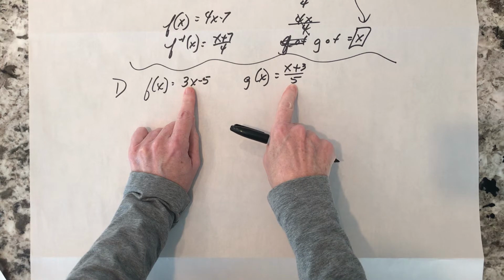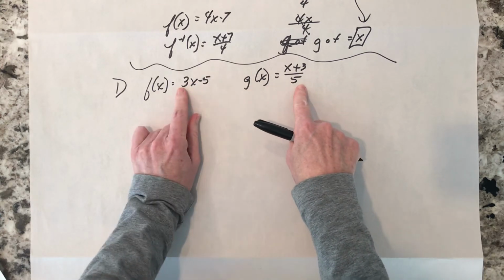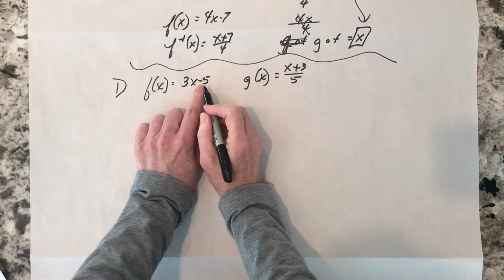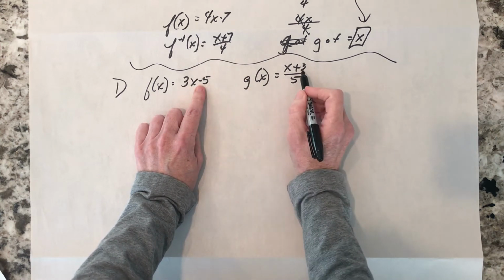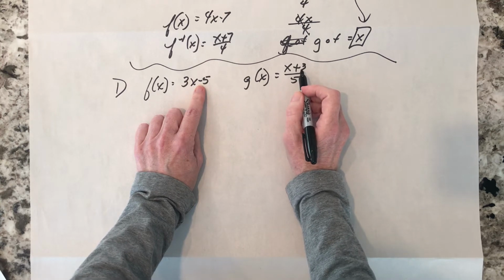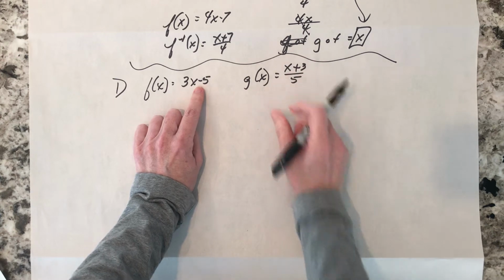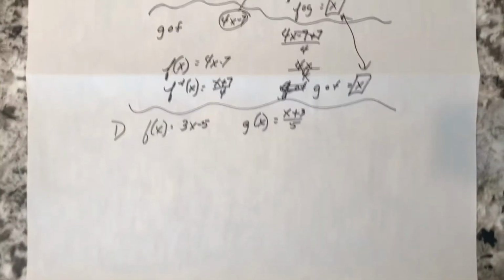That's not an inverse. Inverse operations, if I'm multiplying here, I need to be dividing by 3 here. I'm subtracting 5 on f of x. I'm adding 3. I need to be doing the inverse operation. Remember back above on the one that we did that we found were inverses of each other. Let me take us back up there.